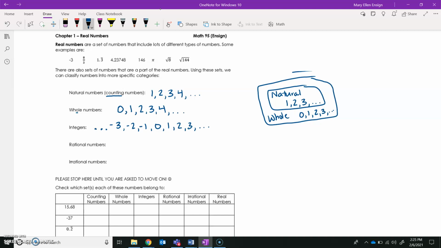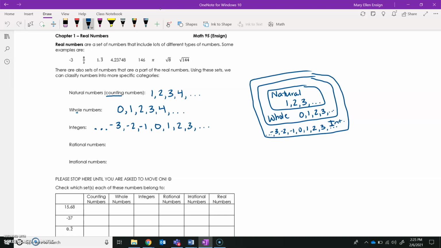Now notice it does not include any decimals or fractions yet. So here we have negative up to positive, and these are called the integers. Again, this could include -4 million, right? It just can't include -4 million.1. We don't have any decimals or fractions.